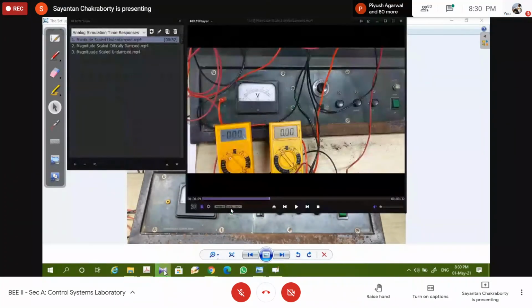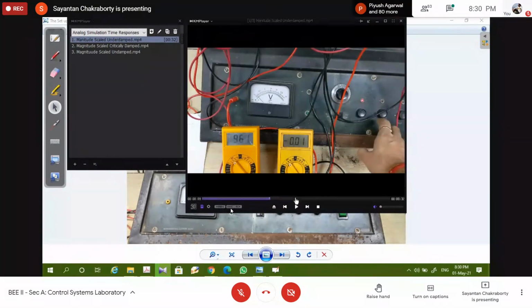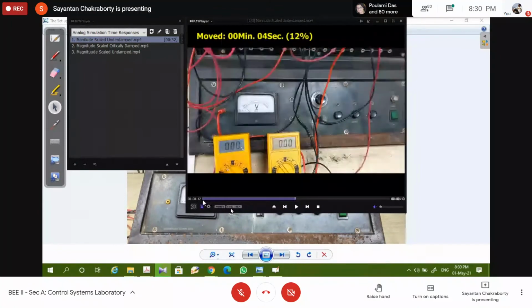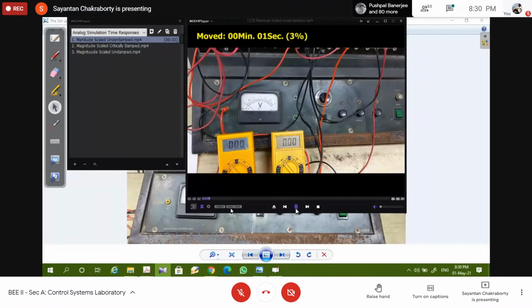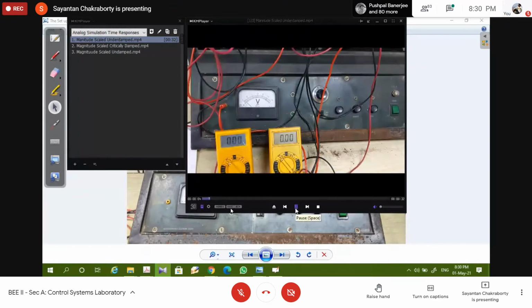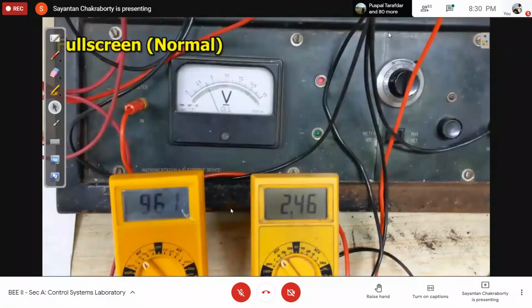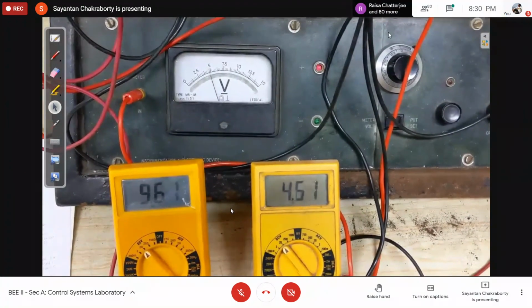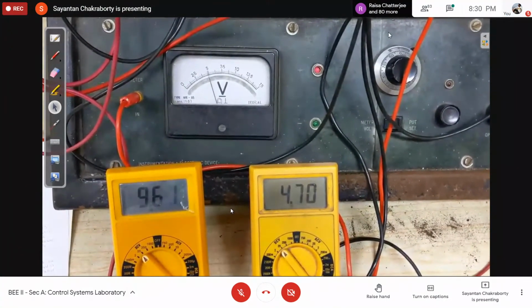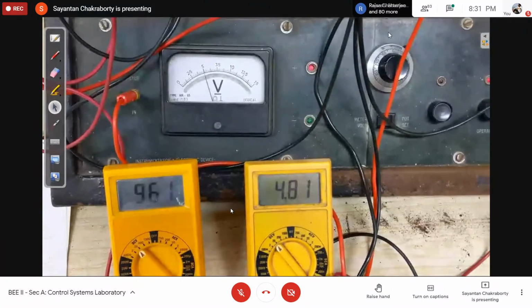So what I will do, I'll only show you the meter portion. So just follow the analog meter. It has moved up to some value, returned back, and then is moving up again.